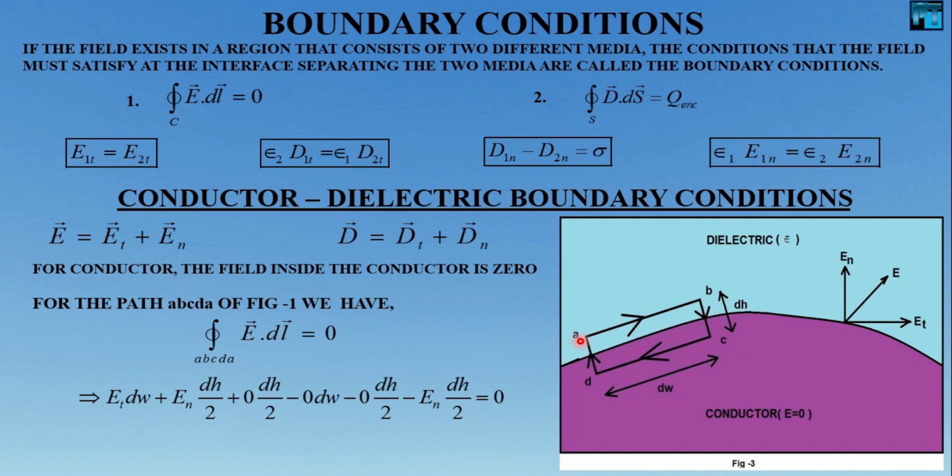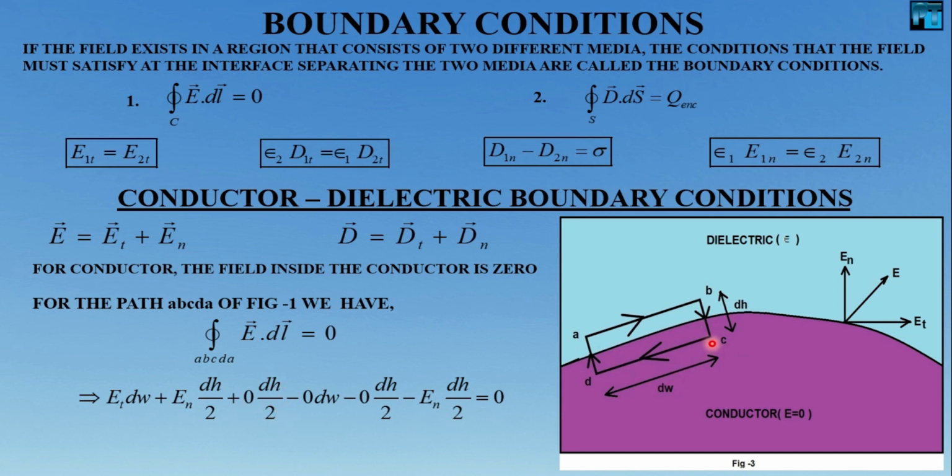Now for this AB path we have Et dW. Now for the upper half of BC we have En and dH by 2 with a plus sign. Now for the lower half of BC, what is the electric field within the conductor? That is 0. So plus 0 into dH by 2.